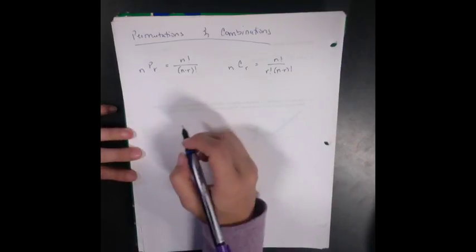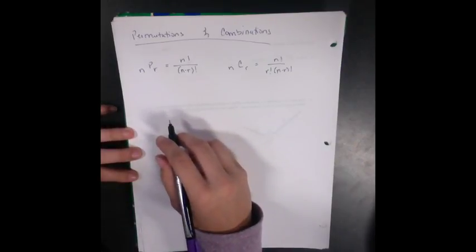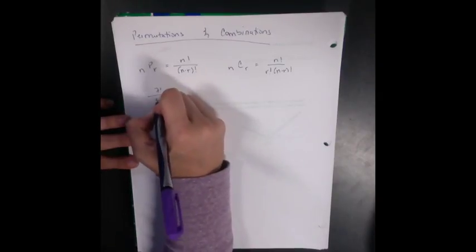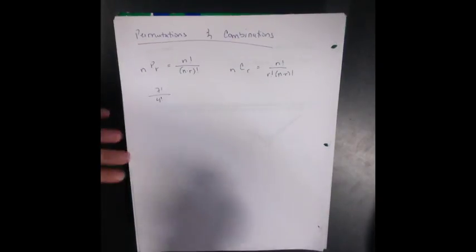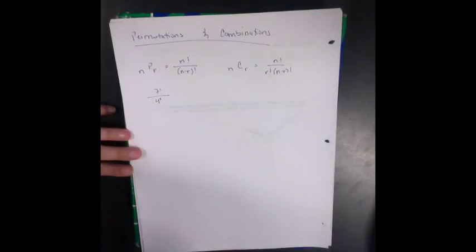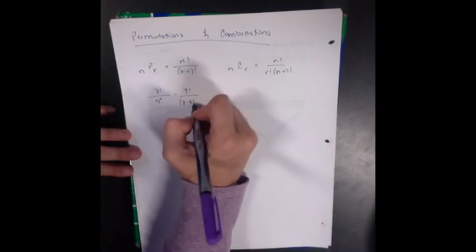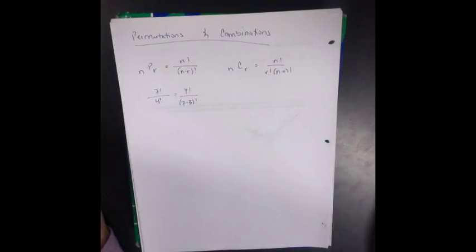Okay? I want to show you just how we can prove this is true, right? If we wanted to take the permutations of 7 things chosen 3 at a time, then normally we do 7 times 6 times 5, which ends up being the same as 7 factorial over 7 minus 3 factorial, right?